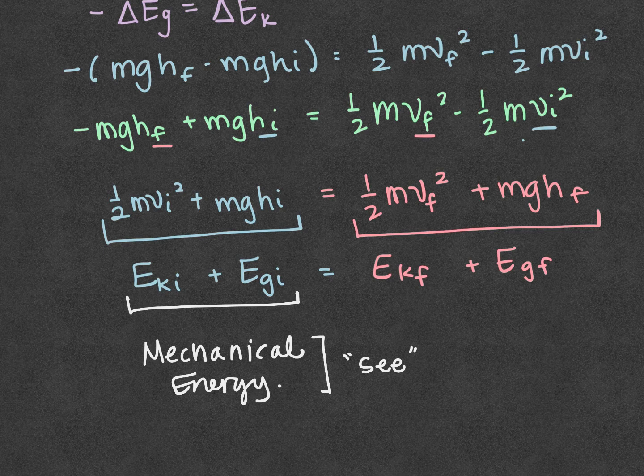I can see that it's moving, or I can see that it has a position that's not 0. Because I can see those things, those are mechanical energies. Chemical energy, electrical energy, thermal energy, those are all energies that you cannot see as readily.